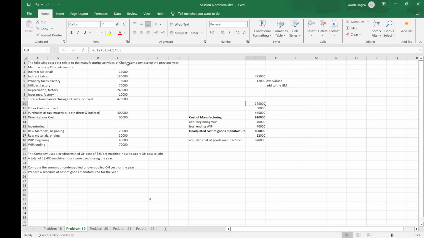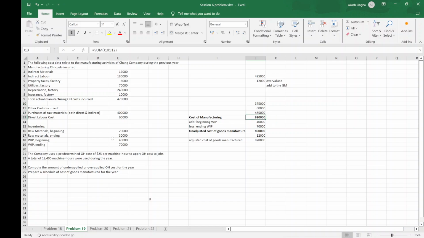Why we subtract indirect material is because that is already taken in overhead, right? So we cannot take it again in the material cost. Then the direct labor cost, and if we add those two, and this is our estimated overhead. If you add these three, you will get cost of manufacturing.